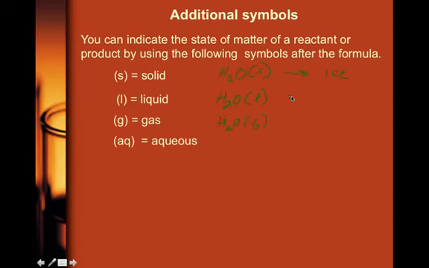It would be ice. H2O-L, that would be your liquid water, like you would drink. And then H2O-G you might call that steam, although that's not technically correct. Steam, gaseous water, just water that's in the gaseous state, would be H2O-G.